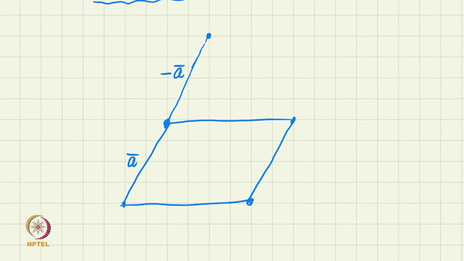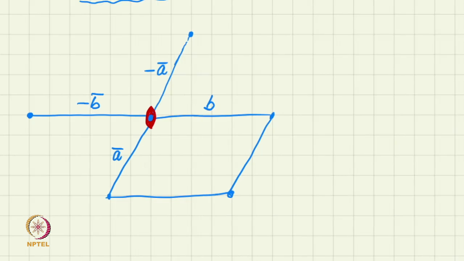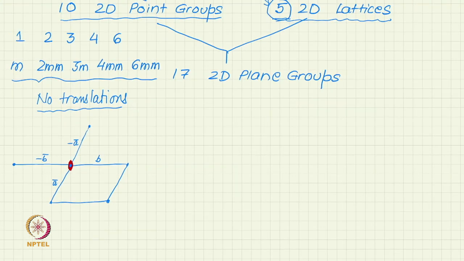Similarly, if you have this as B, then minus B will also be a lattice translation which takes you to another point. So, each lattice point itself becomes an axis of twofold. So, this is anyway guaranteed. This is the minimum symmetry which any lattice can have, and we call this kind of lattice the oblique lattice.